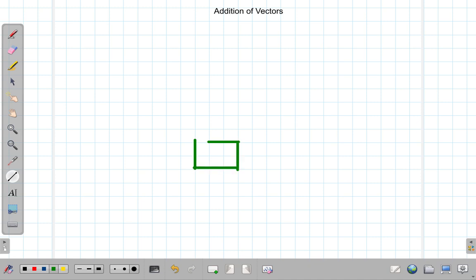And they're trying to push a table. One of them is here pushing the table, and the other is over here also pushing the table. All right?